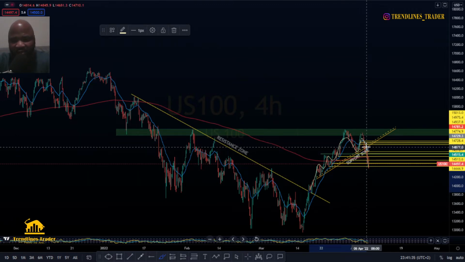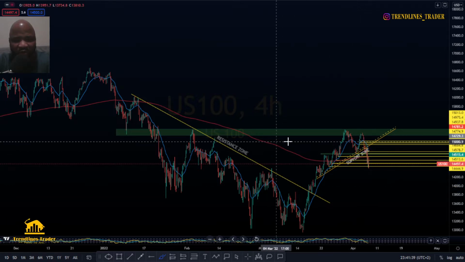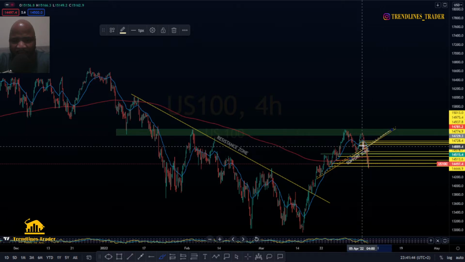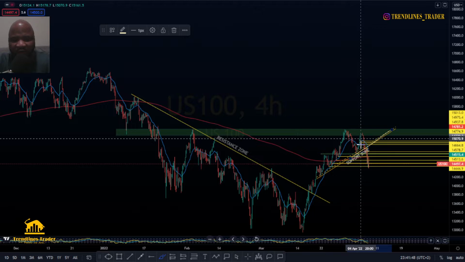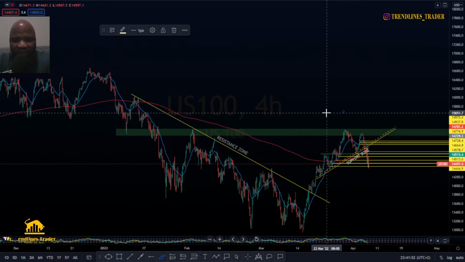In the beginning of this week, we saw our price breaking out of this bullish trend. Actually, I cannot say the price really broke out of a very bullish trend because it was still forming.